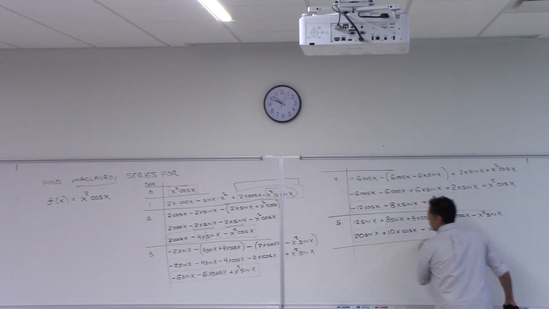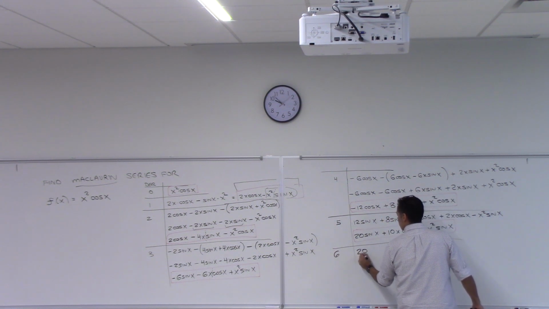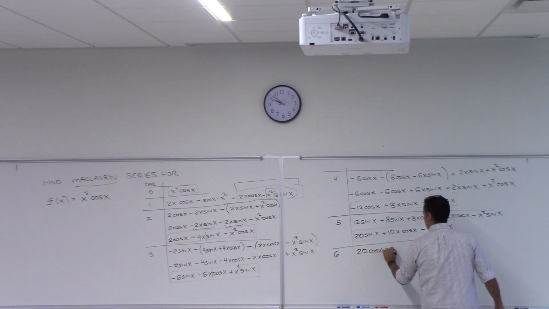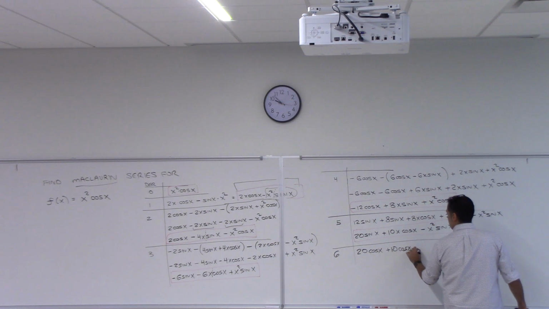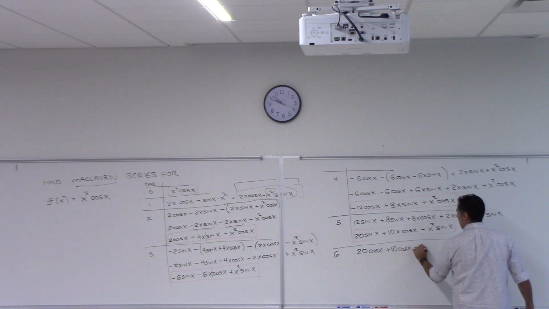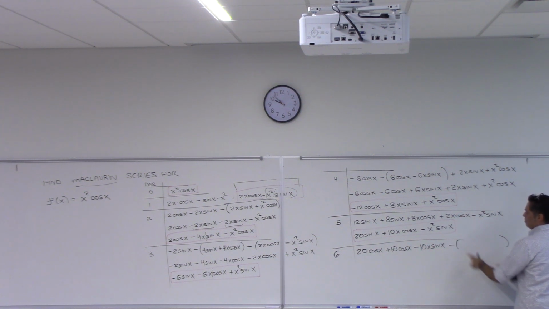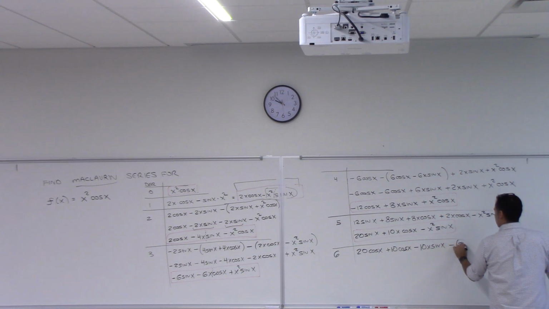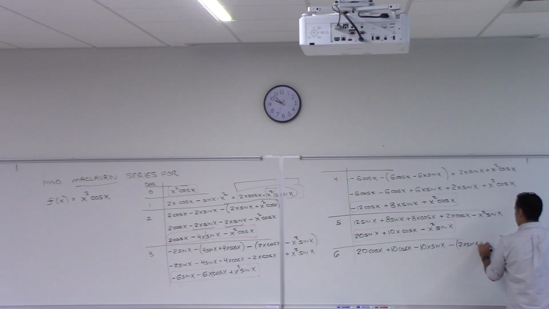Let me do another one fast. This will be what? 20 cosine x plus 10 cosine x minus 10x sine x minus, and then this right here becomes derivative of that, 2x sine x plus x squared cosine x.